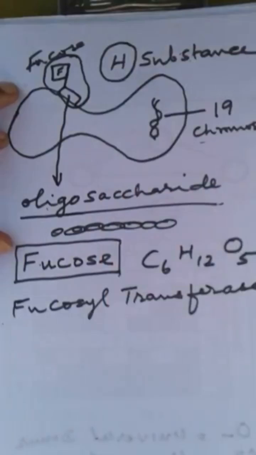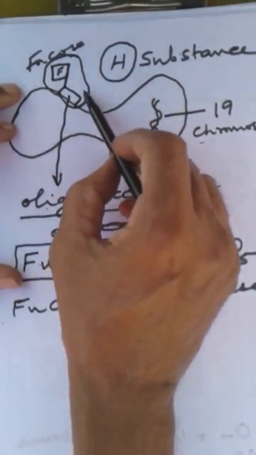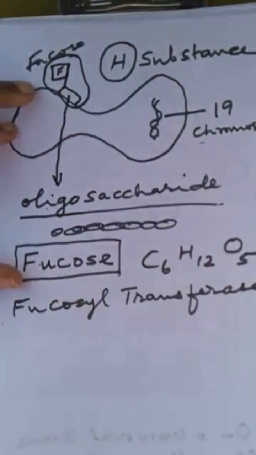These experiments were done by German and Austrian professors. Those scientists found oligosaccharide and fucose, this molecule, like a very thin film of mist.